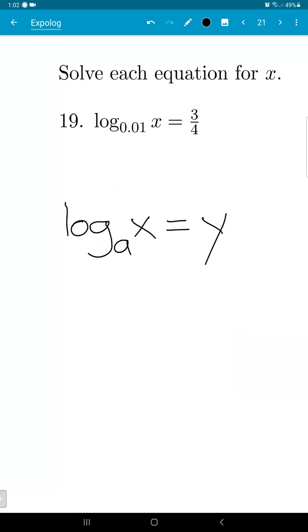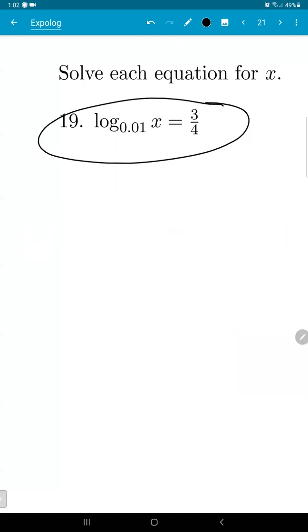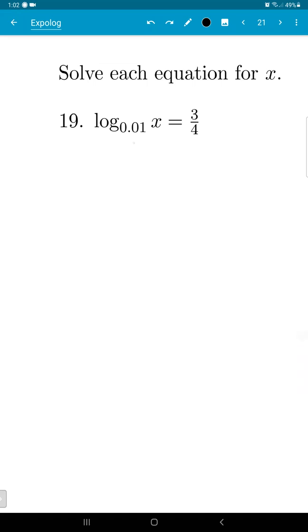So let's convert this one now to exponential form. Let me use the second way there to convert this. So that would be 0.01 raised to 3 over 4 equals x. That's the equivalent exponential form of the given equation.